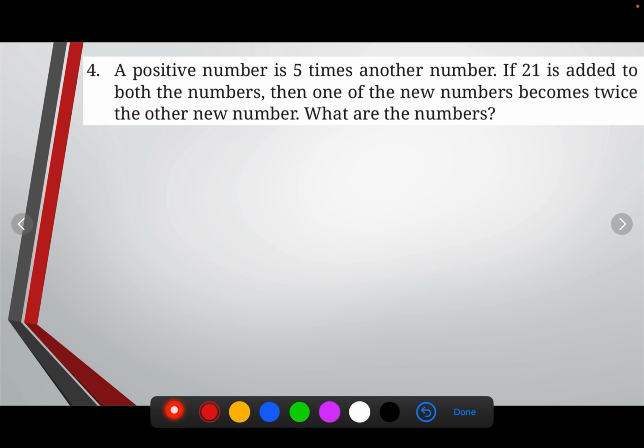Next question. A positive number is 5 times another number. So let the positive number be x. ATQ says a positive number is 5 times the another number.